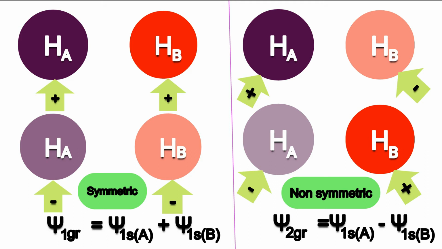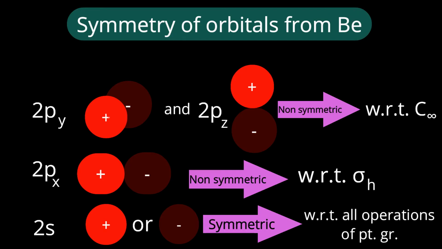Let us know the orbitals from beryllium and their symmetries. The lowest energy orbital is the 2s orbital. It is spherically symmetric. The wave function can be either completely positive or completely negative. Let me take any operation possible for the D infinity h point group.